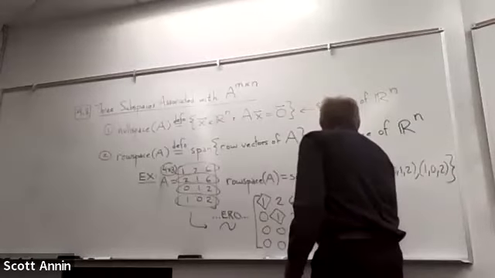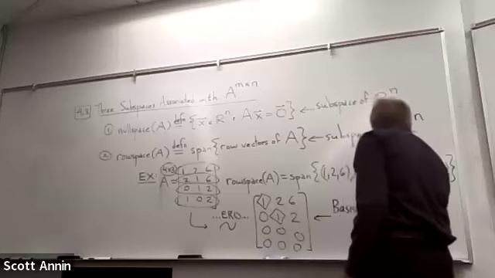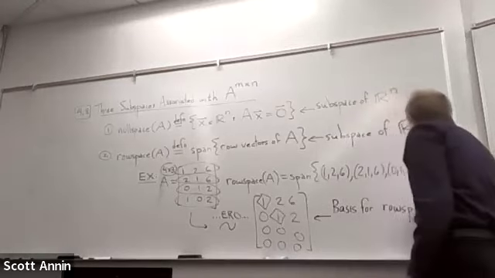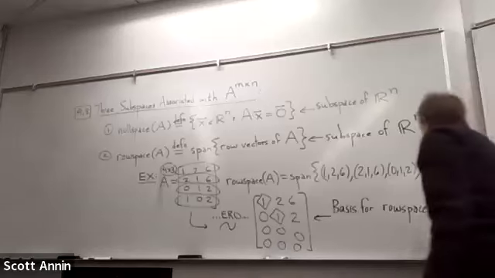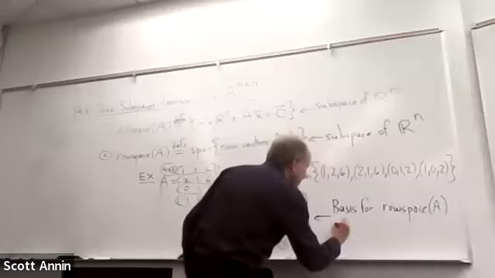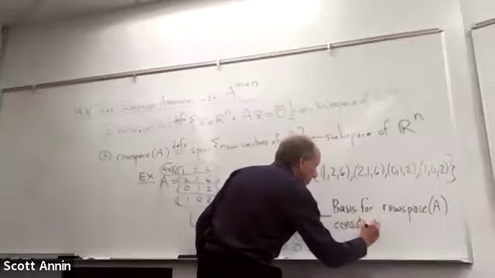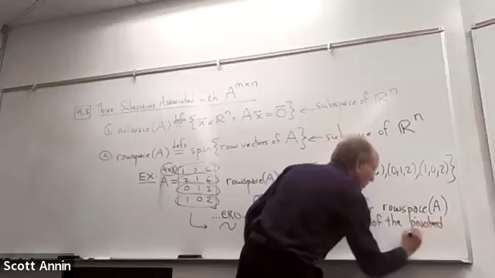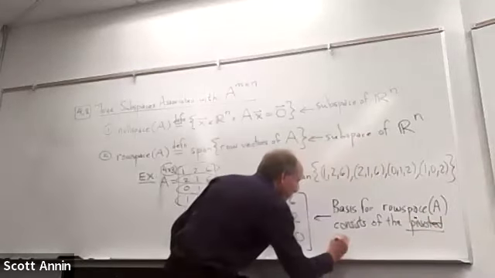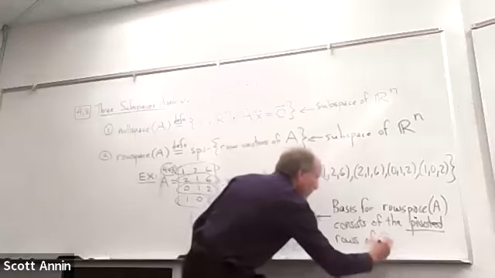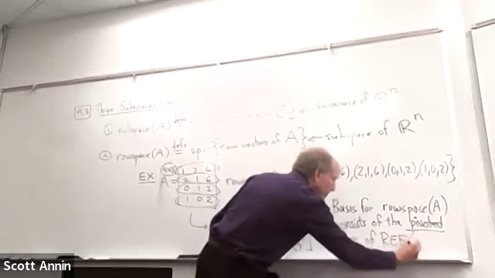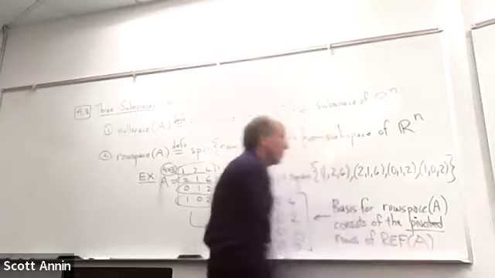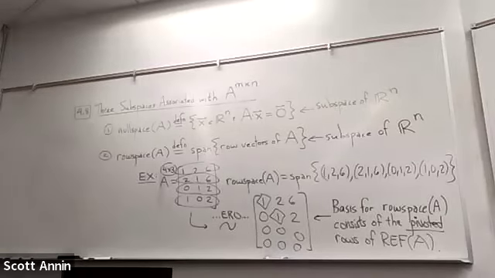So a basis for, this is just in general, a basis for the row space of A consists of the pivoted rows, only the ones with pivots in them, the pivoted rows of the row echelon form of A. I'm sorry to write this so far down on the board, but it just fits right there perfectly for me. So you take the pivoted rows of this row echelon form.